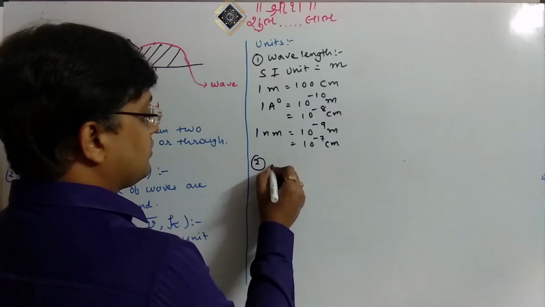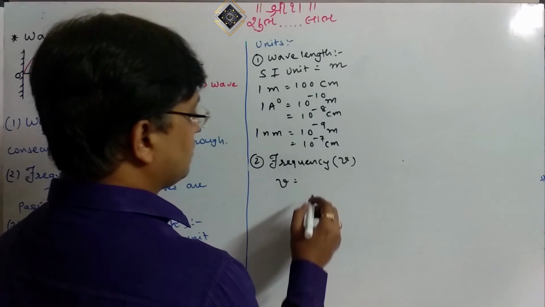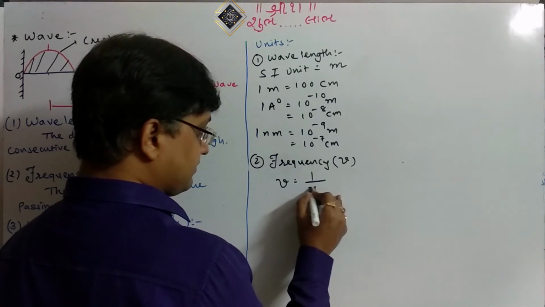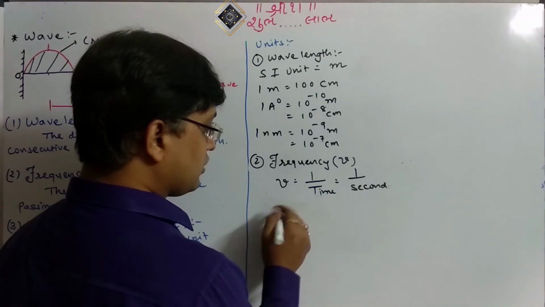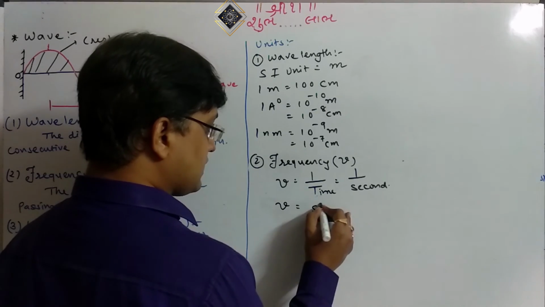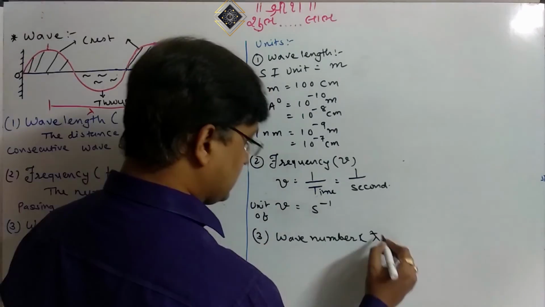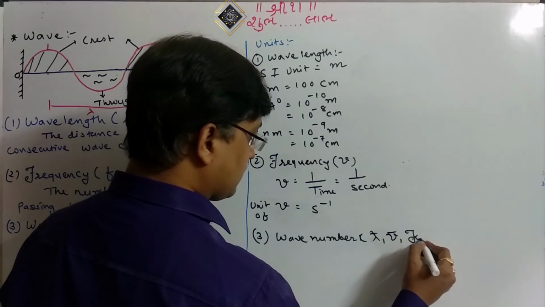Second, frequency, mu. Frequency is equal to 1 upon time. Time is measured in seconds. Therefore, the unit of frequency is second inverse. Third, wave number, lambda bar or mu bar or kappa.